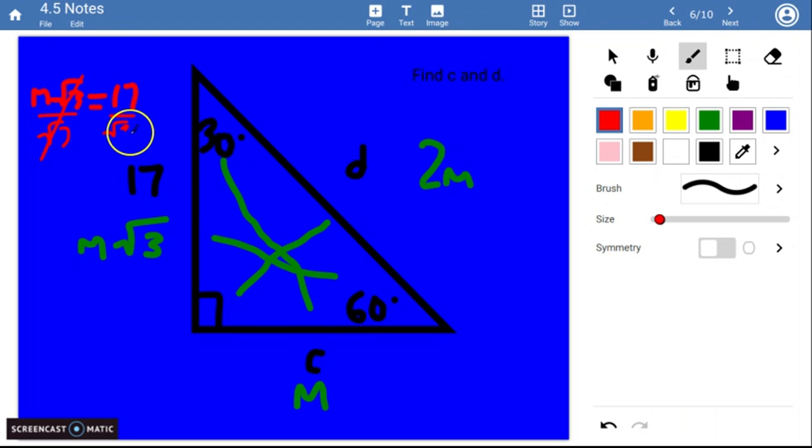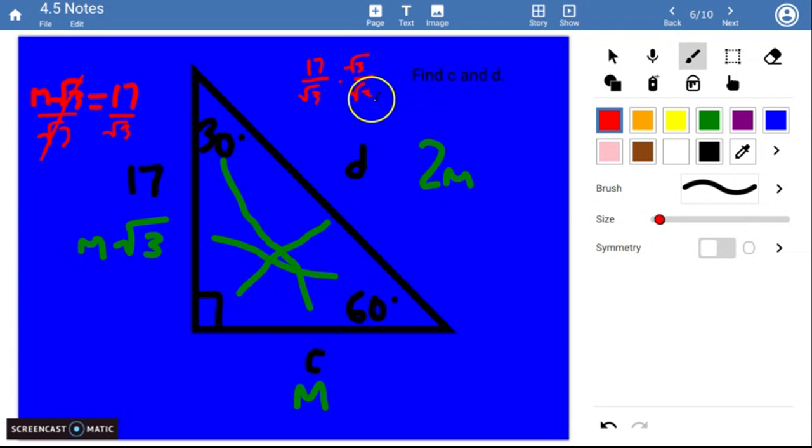Technically M is 17 over the square root of 3, but that doesn't work because a square root on the bottom is not a thing. That's just like improper fractions, like 14 over 3. That doesn't work, so we have to change it. You can do that by multiplying both the numerator and denominator by the square root of 3.